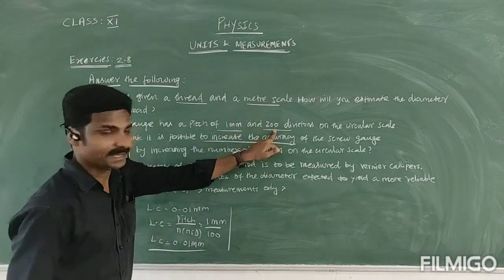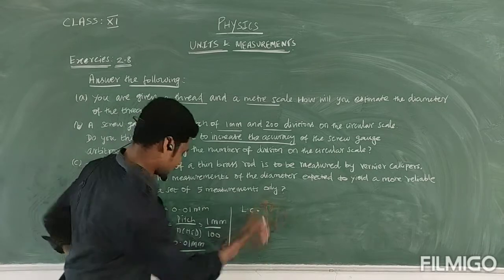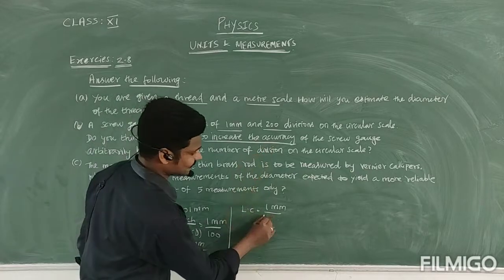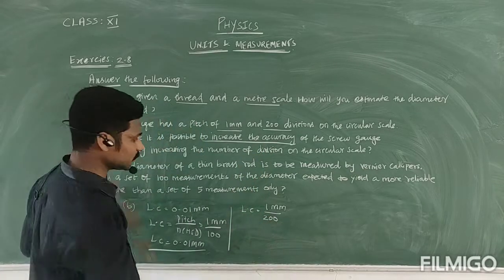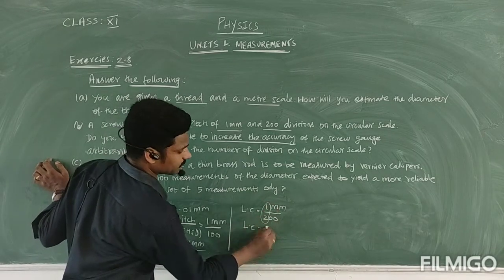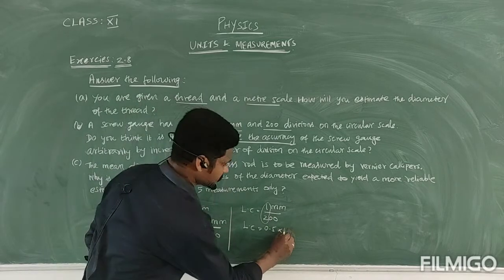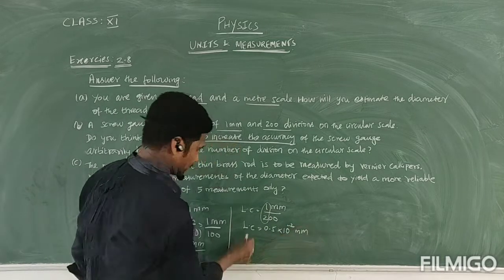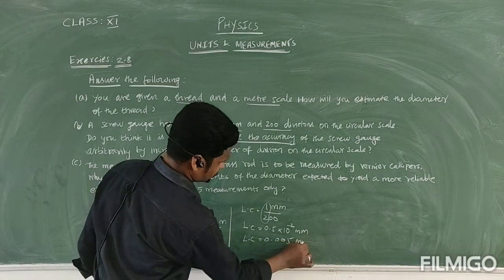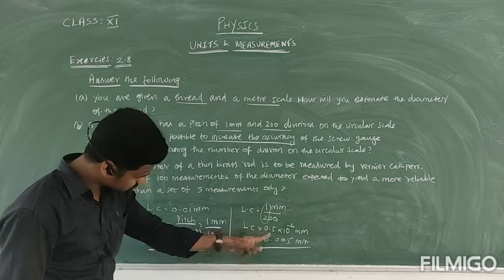But now, instead of 100, we increase to 200 divisions. So what happened? See that. The pitch value has no change, the same 1 millimeter, but the head scale divisions are 200. So the least count is 1 divided by 200, which is 0.005 millimeter. Before, 1 divided by 100 gave 10 power minus 2 millimeter, that is 0.01 millimeter, but now it is 0.005 millimeter.